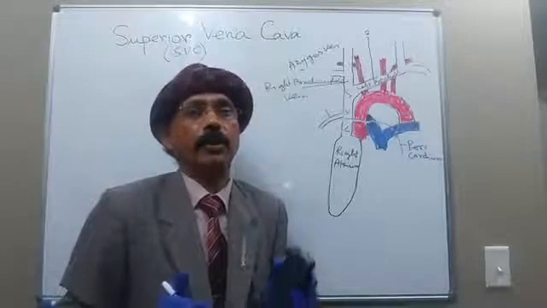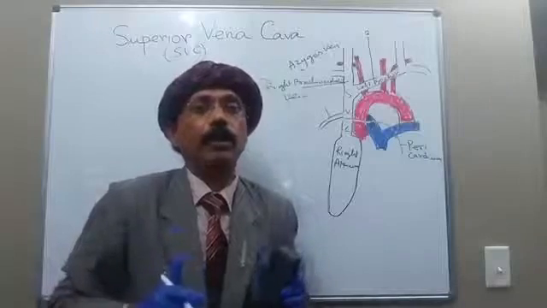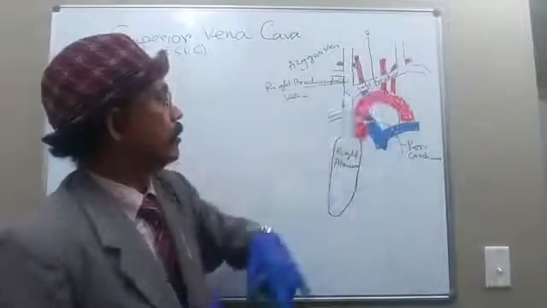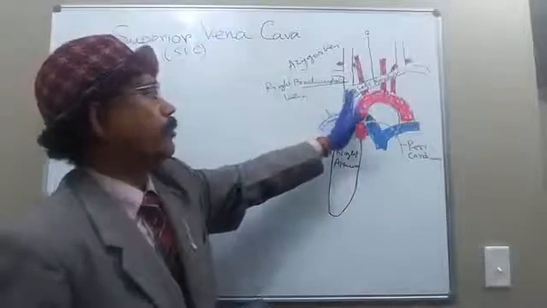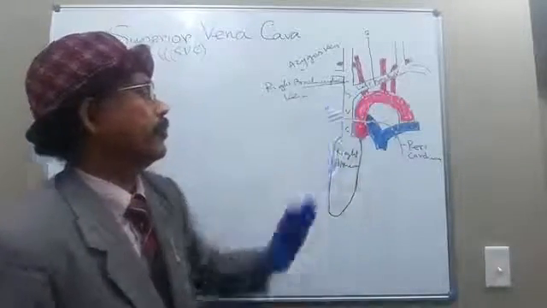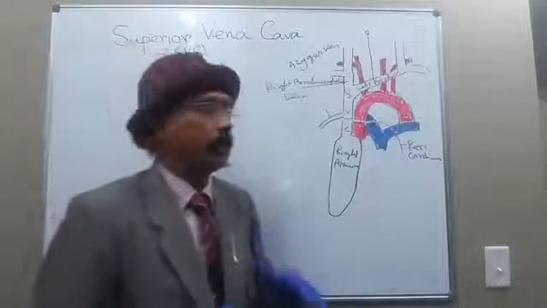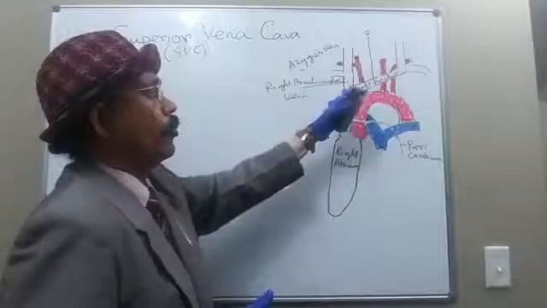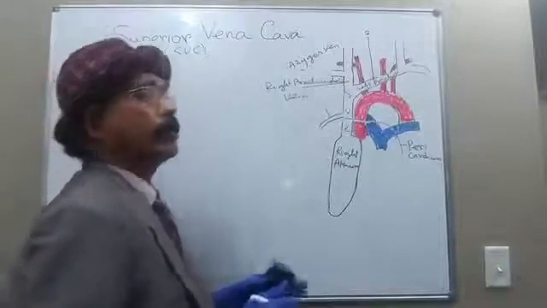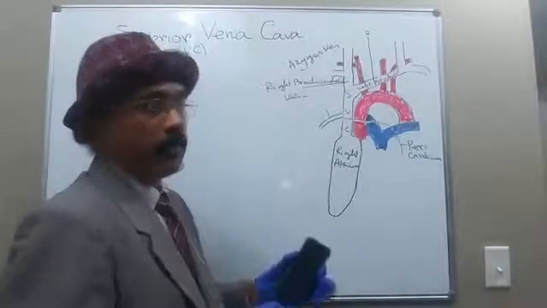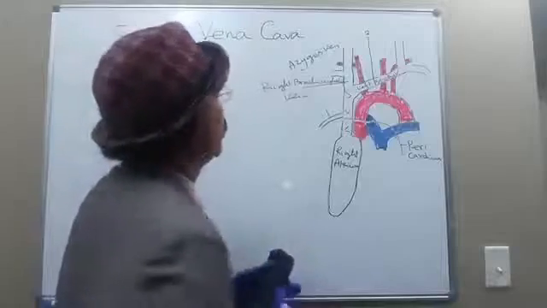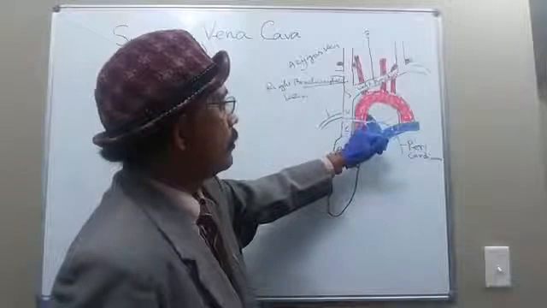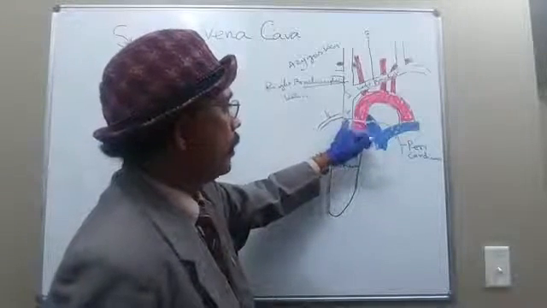In the chest X-ray, in the cardiovascular shadow, you will see it forms the right and superior part of the cardiovascular shadow. Okay, we got that.